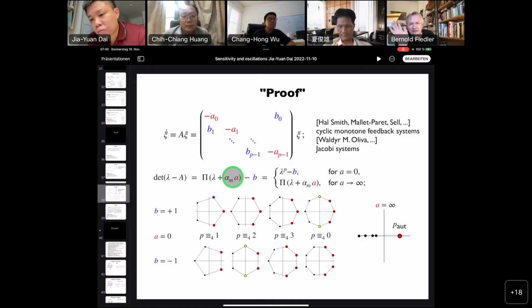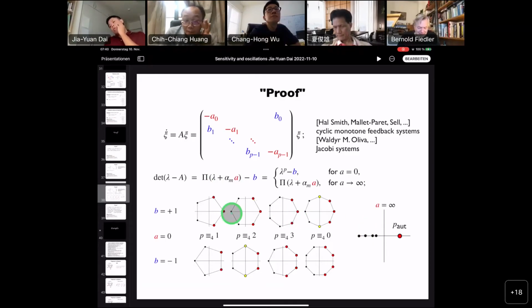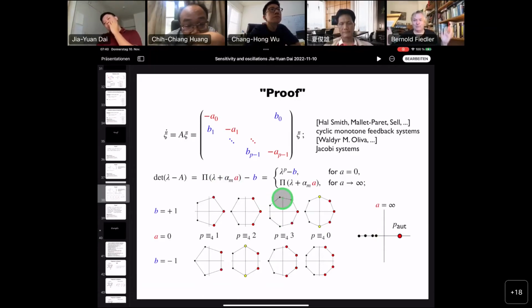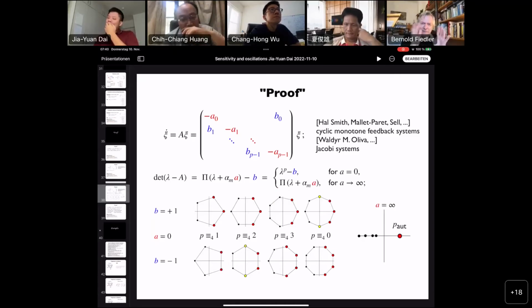But forget about eigenvalue 0. Once I have dealt with eigenvalue 0, the only passage from here to here is by such guys crossing the imaginary axis. That's hopeful. Now I can do cyclic monotone feedback systems and so on, and prove transversality, blah, blah, blah, to conclude local Hopf bifurcation here. And then this is perturbed by the small part of the spectrum and the small part of the matrix.